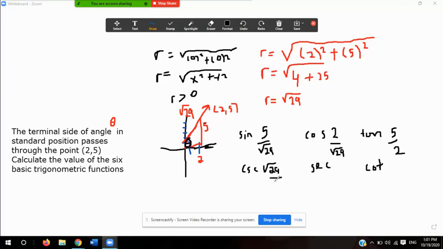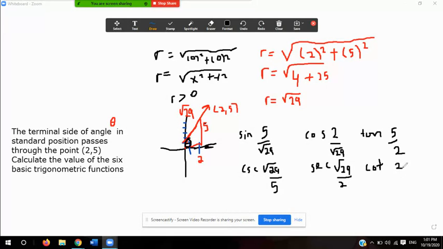Likewise, the secant would be the square root of 29 over 2. And the cotangent would be 2 over 5.